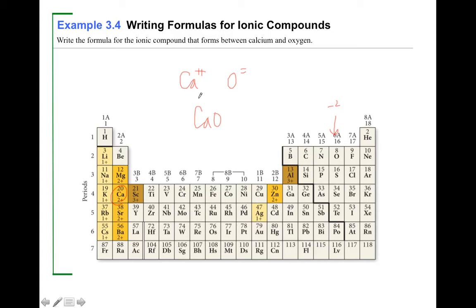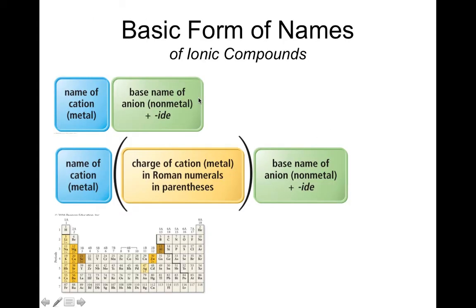All right. Now, for the not so easy problems, or not so easy naming compounds. So first of all, if you're going to name these guys, the ones that have predictable charges, which are all in color here. Do you see that? This is too small to read, I know.